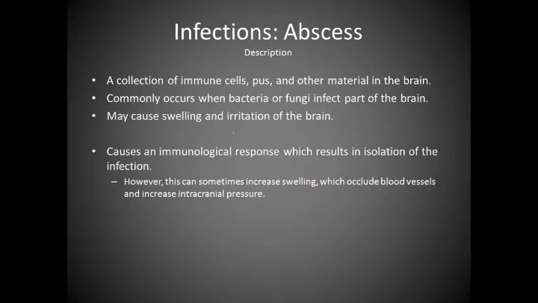The big thing is that it causes an immunological response, which results in isolation of the infection. So the body is attempting to do something good by isolating the inflammation. However, this can sometimes increase swelling, which can occlude blood vessels and increase intracranial pressure. So because the body attempts to isolate, the end result can be swelling, simply because of this isolation.